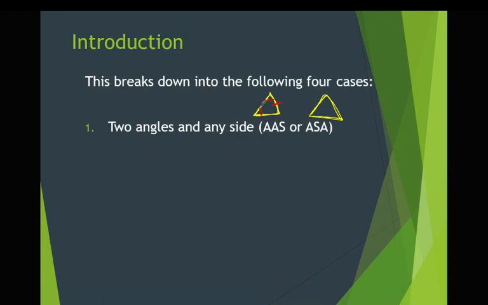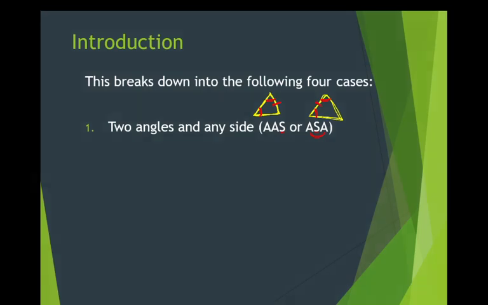So it looks like that. Versus angle, side, angle, where the side is in between the two angles. Versus this, where the side is not in between those two angles. So those are the two cases when you have two angles and any side.